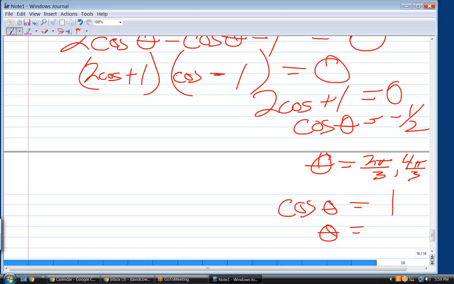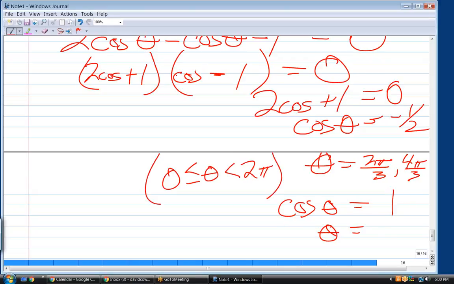All right. Taylor. 0 and 2 pi. When you're given the domain 0 to 2 pi, it means theta is greater than or equal to 0, but less than 2 pi. So it would just be 0 then?